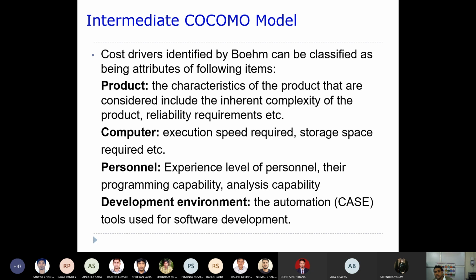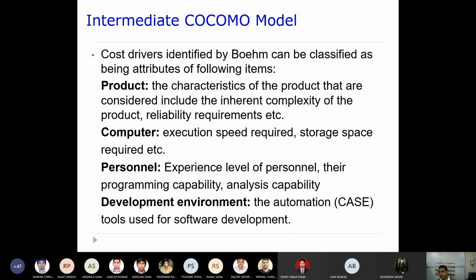Now, computer execution is also important, or the storage that you have provided. If you are using a better computer for developing that particular software, you will be able to run your program quickly.